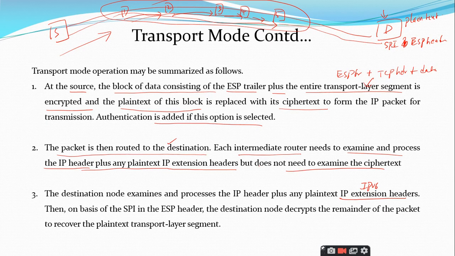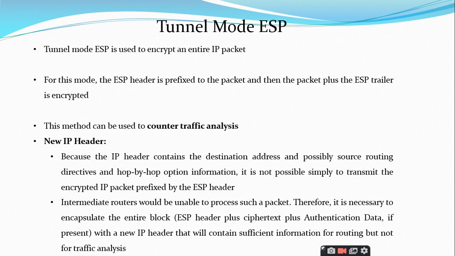Let us see what the author is saying here. In tunnel mode, ESP is used to encrypt an entire IP packet. This is a very fundamental difference between the transport mode and the tunnel mode. Let us see an IPv4 packet.